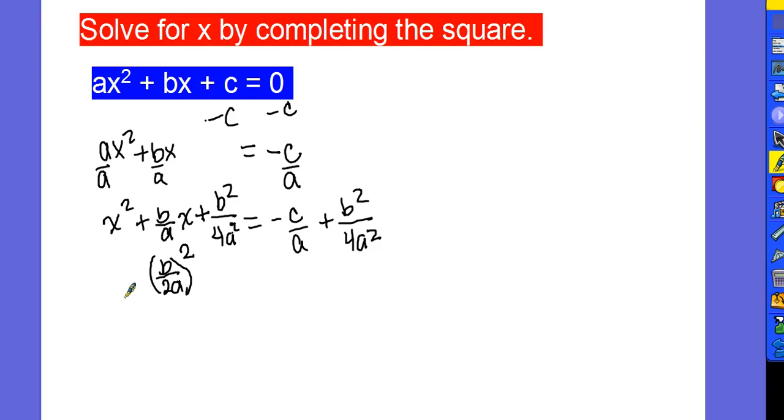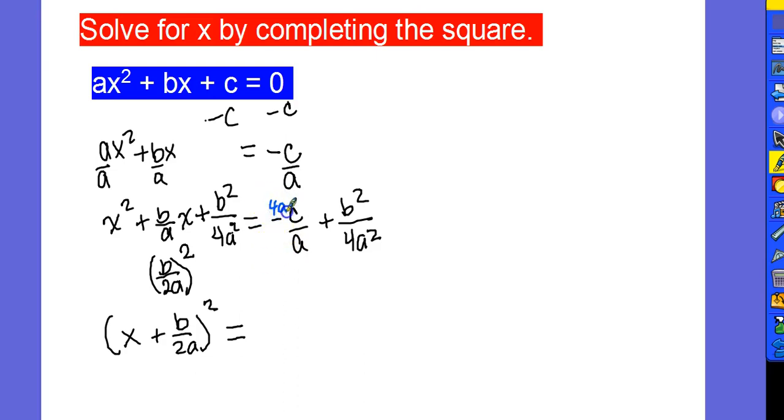Okay. Now we're going to factor the left, our perfect square trinomial, down to x plus b over 2a quantity squared equals. Now over here, you're asked to combine. And these are not like fractions, but we can make them like fractions by using a common denominator. Yes? So can I make these the same denominator? Yeah, I can make this a 4a squared by multiplying it by what?